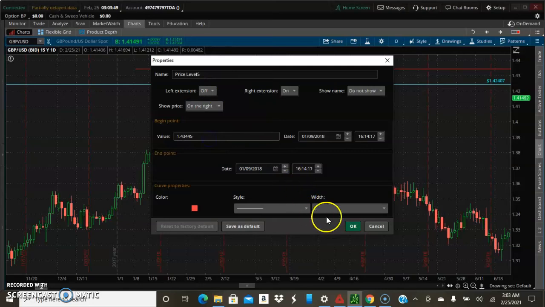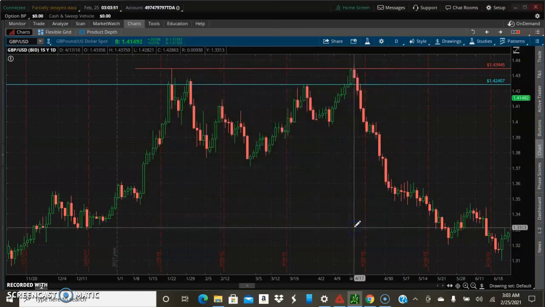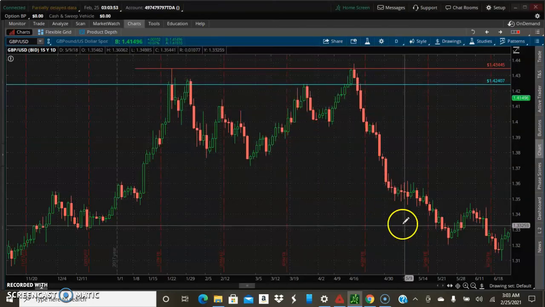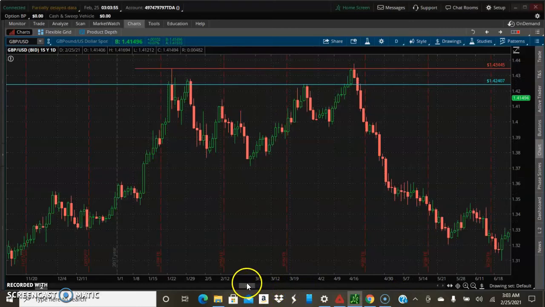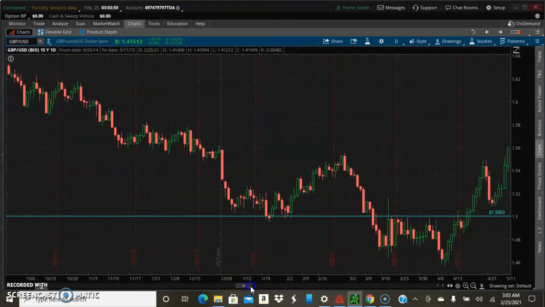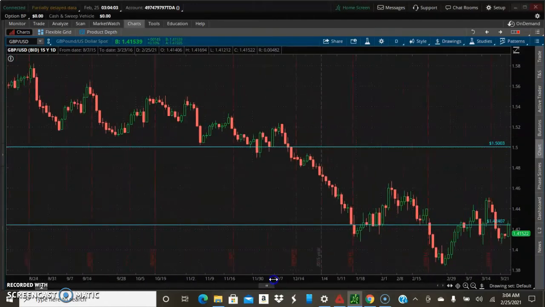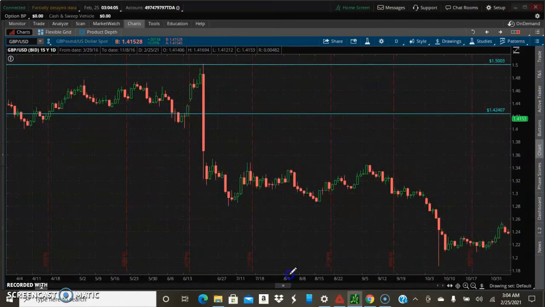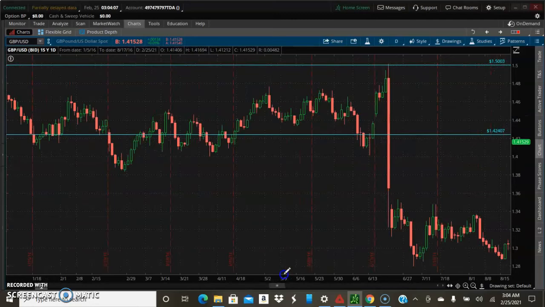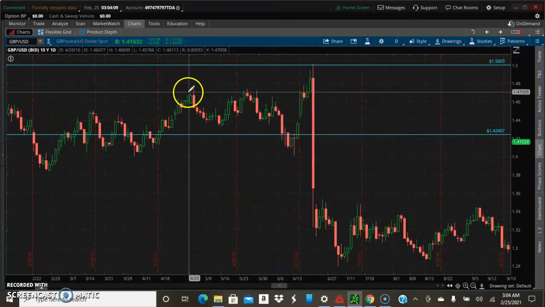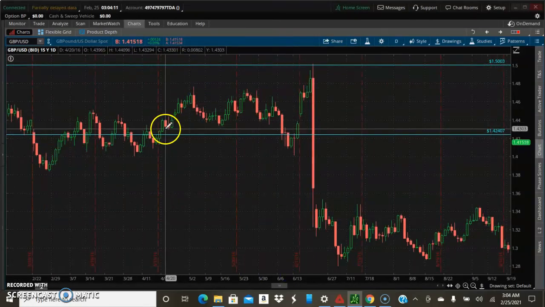Leave it there. See, we have another level, but that would be considered a sell area. Find something on the buy side of things. There we go. Something on the buy side right here.